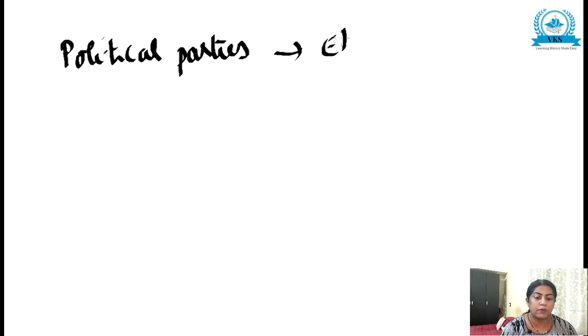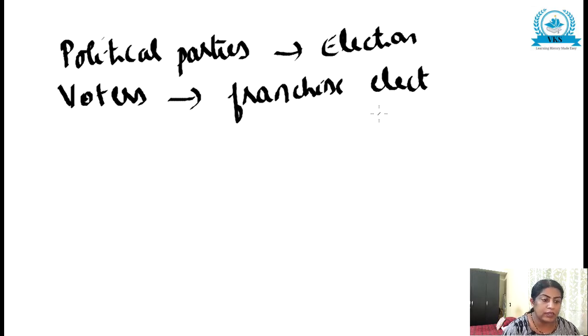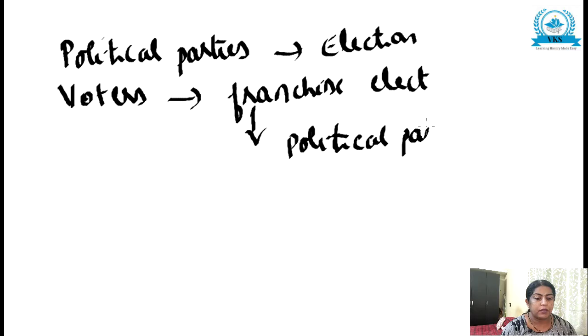The voters exercise their franchise to elect the political party of their choice, and this forms a democratic government.